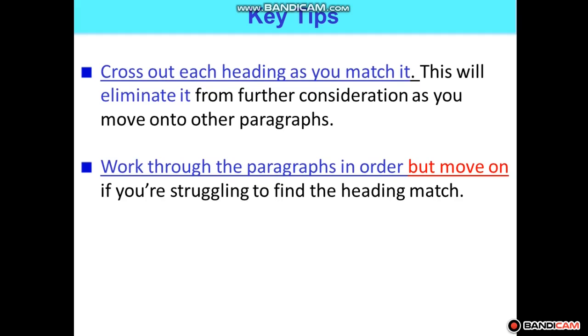Second, work through the paragraphs in order. The most significant point here is, first of all, attempt paragraph 1, then paragraph 2, then 3, and so on. In order. But move on. Do not stop. If you are unable to match the heading to paragraph number 1, for example, do not get stuck there.